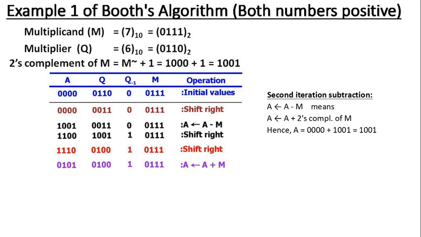Now this fourth iteration, I want to show by using the violet color. After this fourth iteration, I am getting inside register A 0, 1, 0, 1. How has this been obtained?